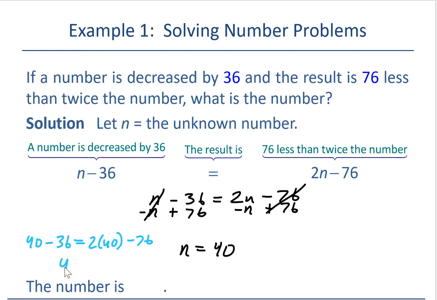And then 2 times 40 is 80, and 80 minus 76 is going to give me 4. So I get 4 equals 4. That's how you can check yourself, because they're going to have us solve something and it be not true.